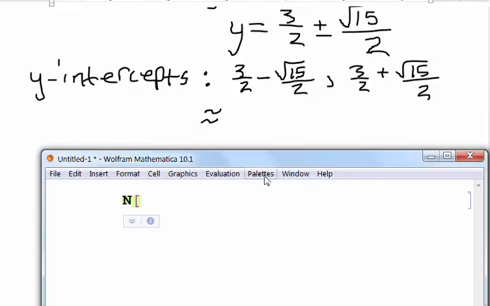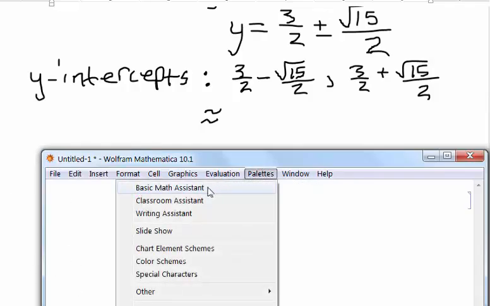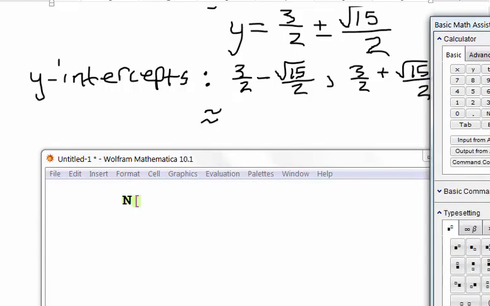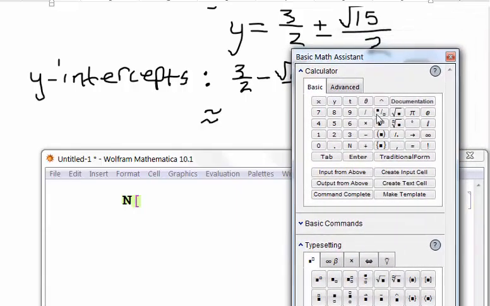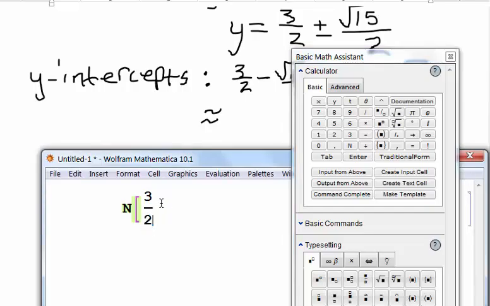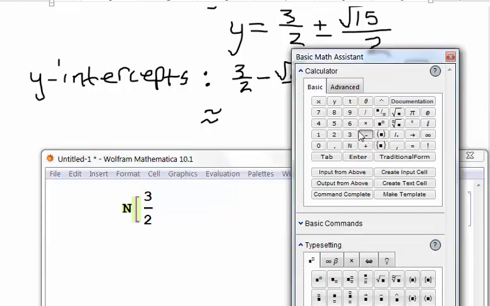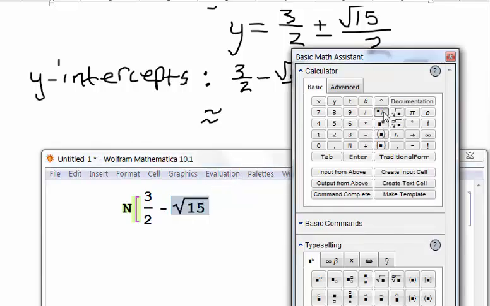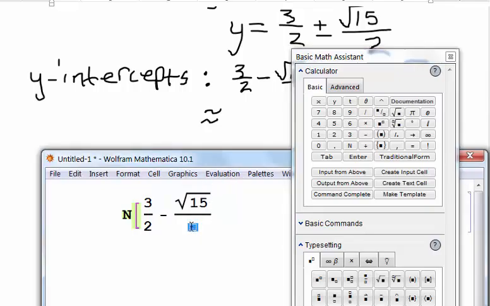So I'm going to tell it to give me the basic Math Assistant palette, and that's going to allow me to use a fraction template. And I have a radical template.